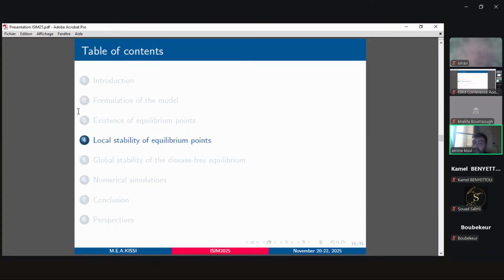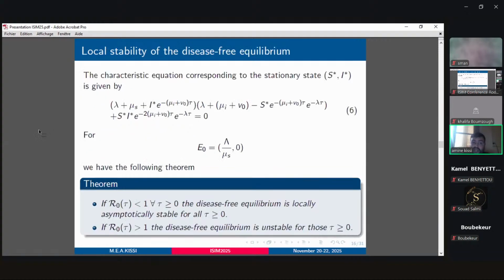For the local stability of equilibrium points, using linearization of the system, we get the characteristic equation corresponding to the equilibrium S star, I star, given by this equation. For the first equilibrium, which is the disease-free equilibrium, if we put I star equals 0, this term is equal to 0. This term also equals 0. So the first eigenvalue is lambda equals minus μ_S, which is negative. But the second term depends on exponential minus lambda τ.